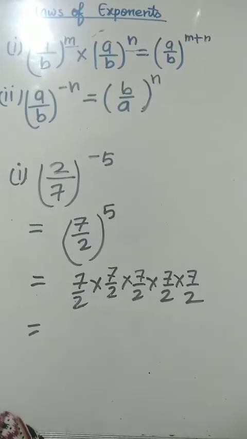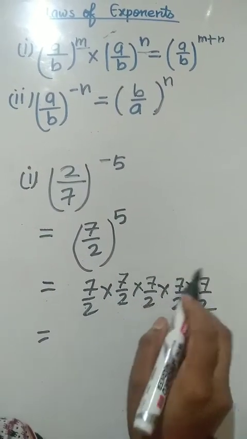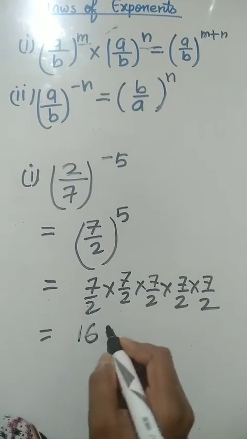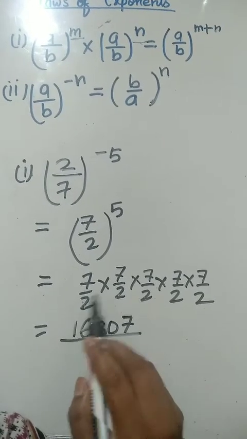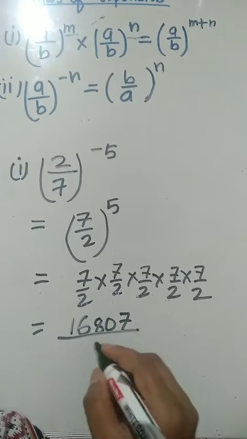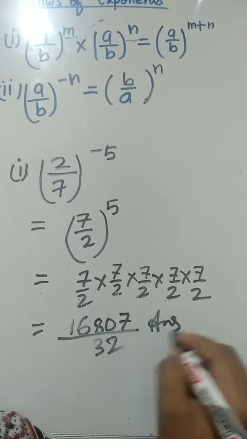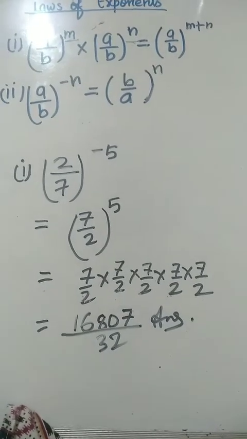So when we multiplied 7 into 7 into 7 into 7 into 7, we got 16,807. And again 2 into 2 is 4, 4 into 2 is 8, 8 into 2 is 16, 16 into 2 is 32. So the answer is 16807/32. I hope you can solve these types of questions.